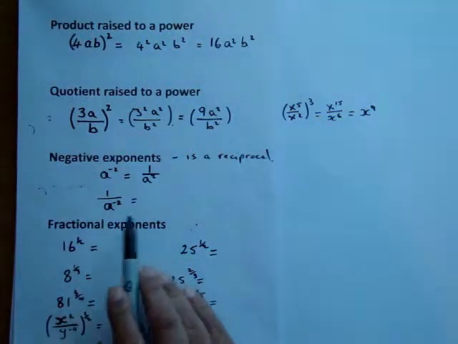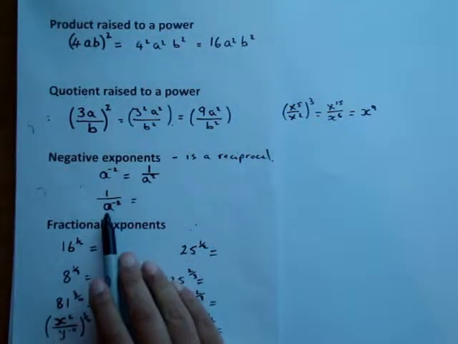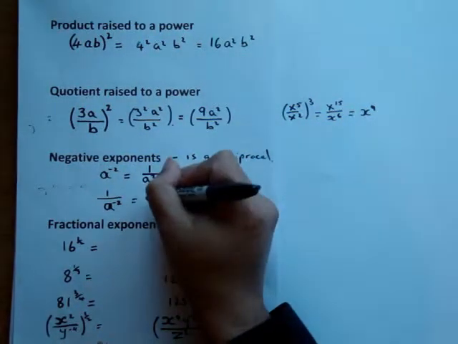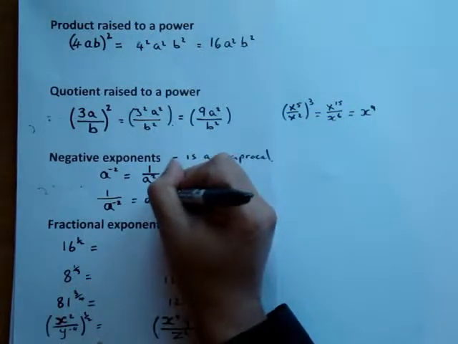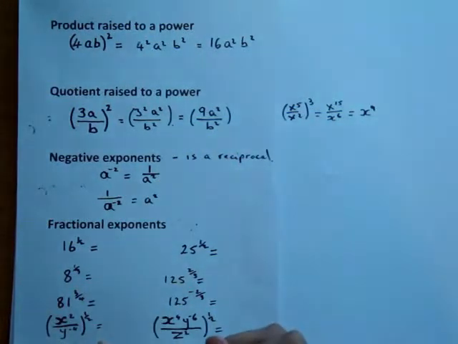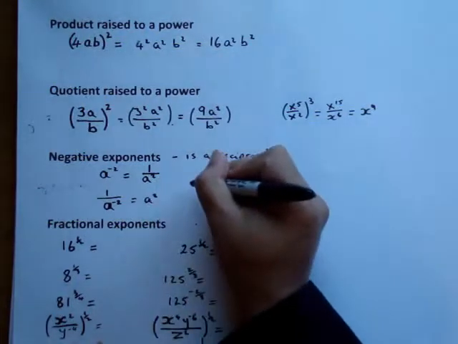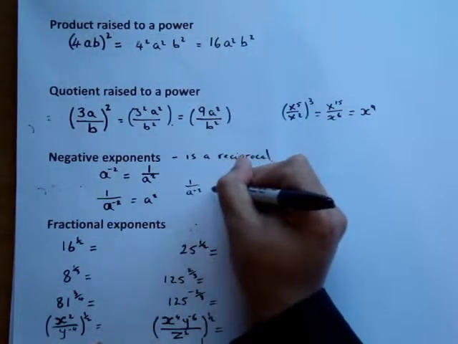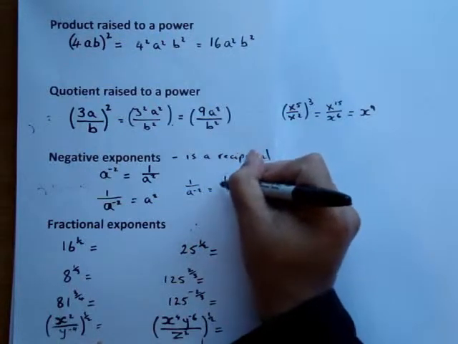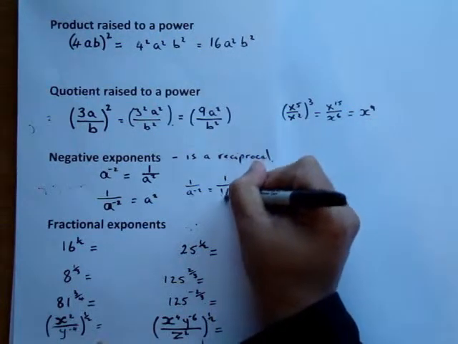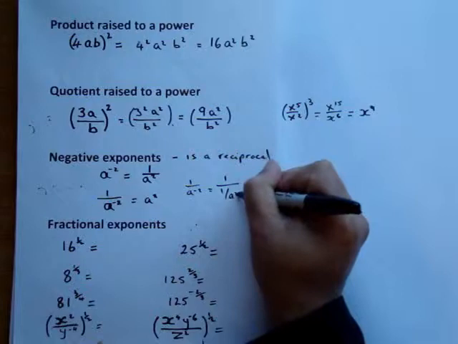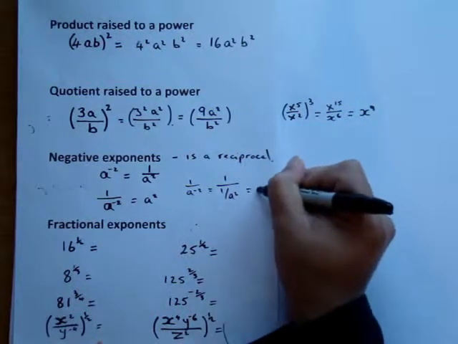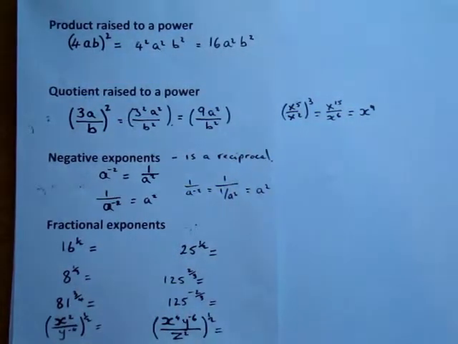Similarly, if we go in the opposite direction, 1 over a to the minus 2 is a squared. We can think of this one as 1 over a to the minus 2 equals 1 over 1 over a squared, and that equals a squared.